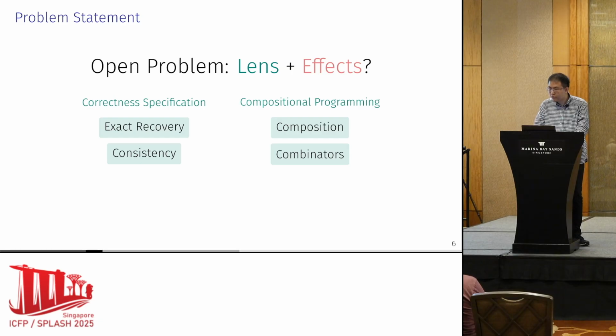The lens framework also supports compositional programming, which means we can combine smaller programs into larger programs using various combinators. We want to maintain these two strengths for lens frameworks while introducing effects into the picture, for example these three effects.